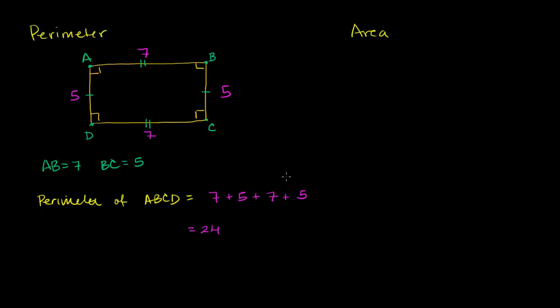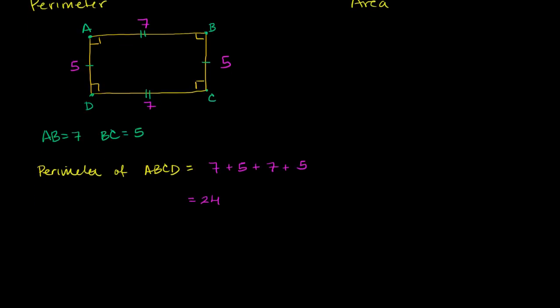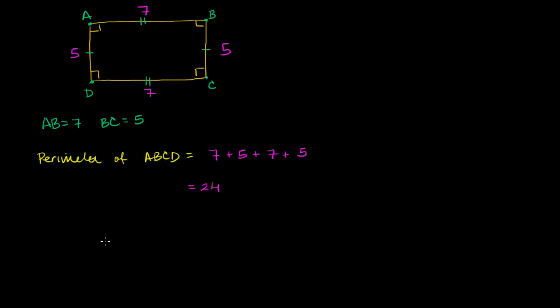And you could go the other way around. Let's say that you have a square, which is a special case of a rectangle. A square has four sides and 4 right angles, and all of the sides are equal. So let me draw a square here. My best attempt.